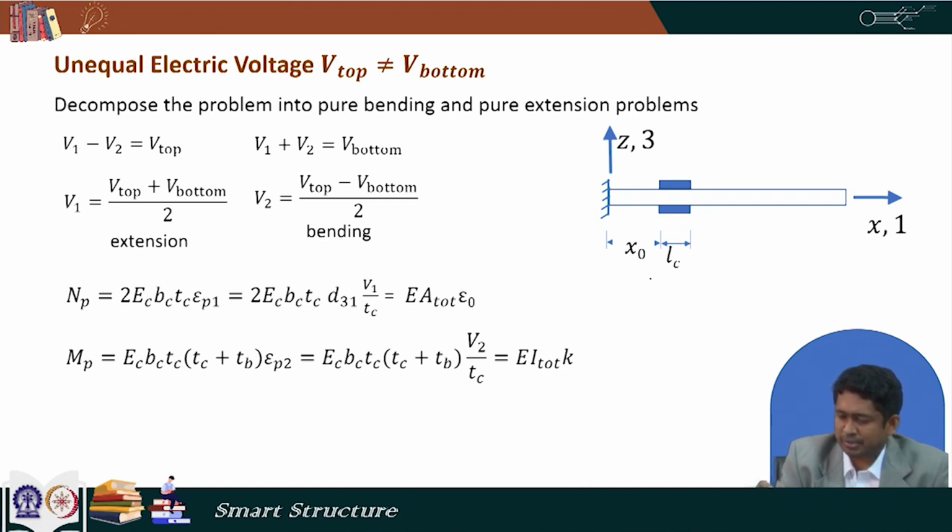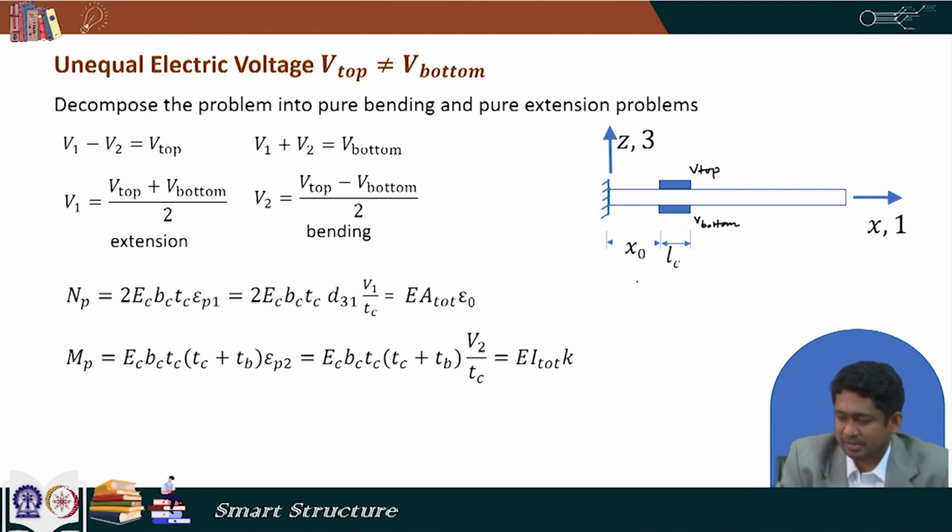So what we can do is, we denote the voltage at the bottom as V bottom and the voltage at the top as V top. Now what we do is, we decouple these voltages into a pure bending and pure axial case.